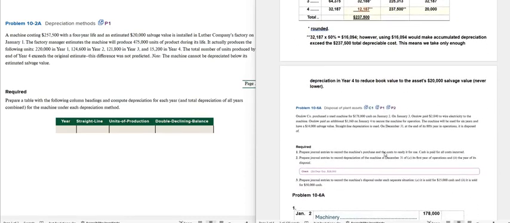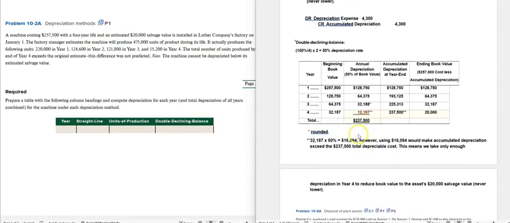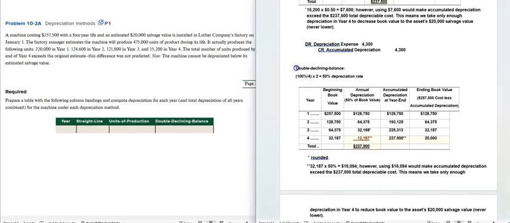To get the double declining balance amount, the first thing I need to do is to determine what my depreciation rate will be, my depreciation rate based off of the book value. And to come up with that, I'm going to take the number of years of life and divide it into 100%. That's going to tell me the percentage of the asset that's being depreciated each year under the straight line method.